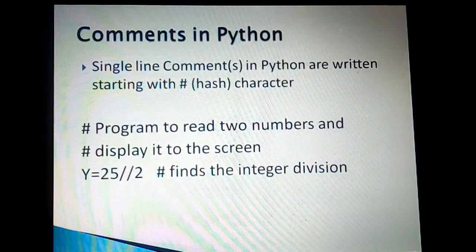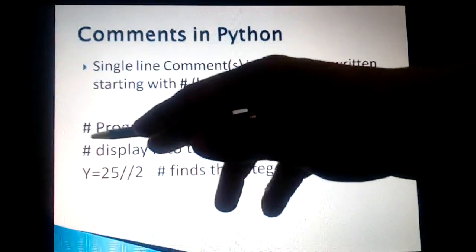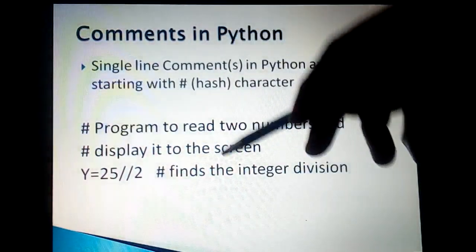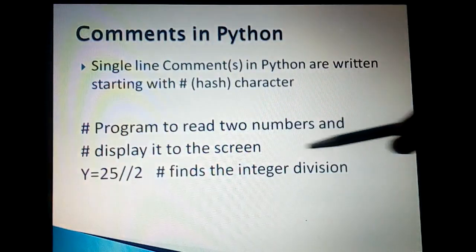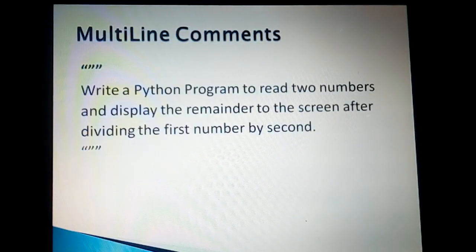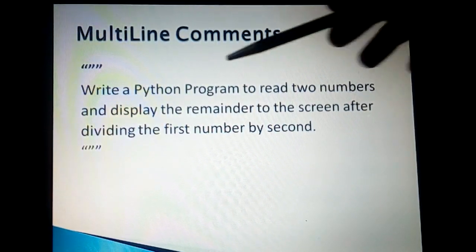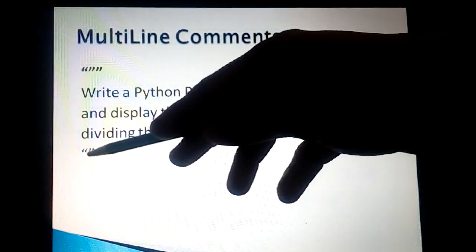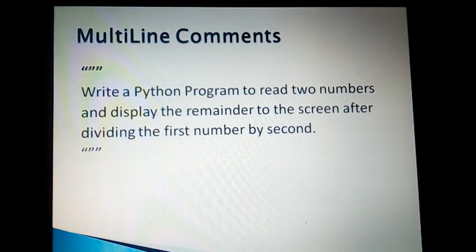Now we have of course the single line comment, which is already indicated with hash here and in the previous slide also, program to read and so on. And we have multi-line comments also, which can be indicated with three quotes, that is, three double quotes, and you can write multiple lines here and end it again with three quotes.